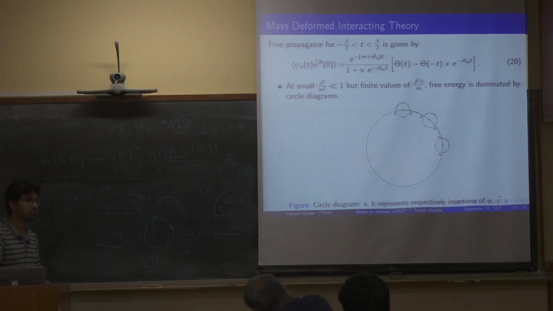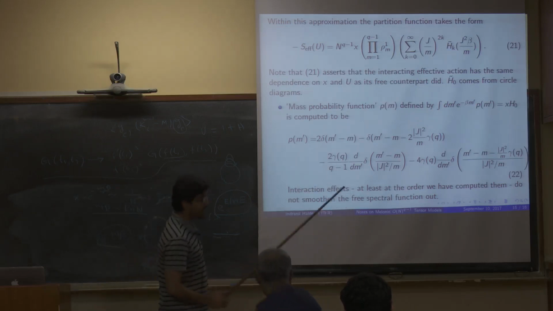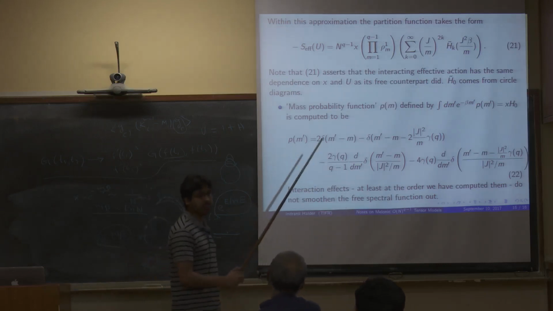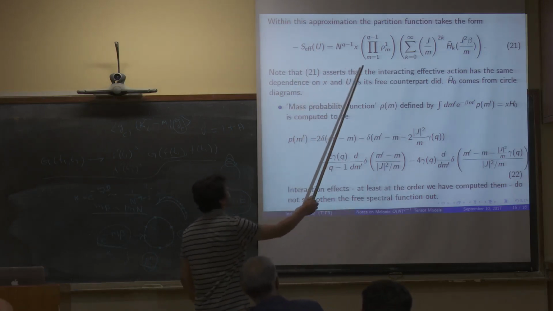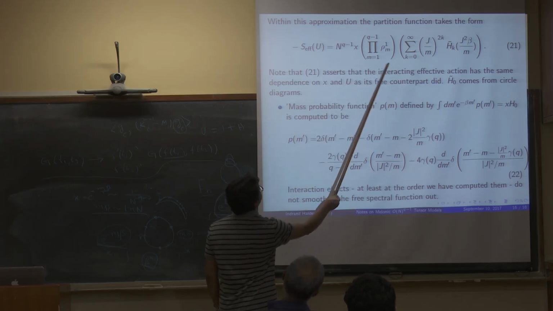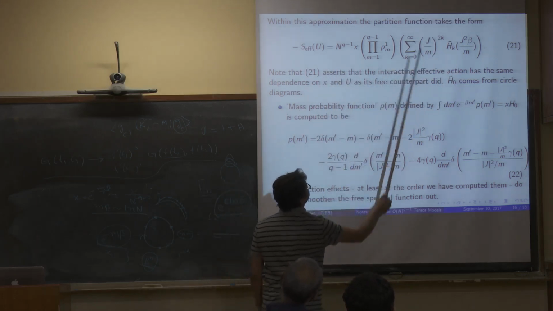Okay. At least for circle diagrams that we have computed faithfully, the structure of the effective action for holonomy is of this form. This is just the form that we see in the free answer, corrected by some function of this form.